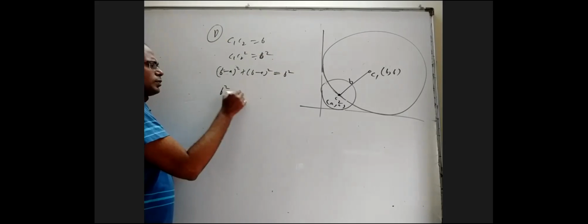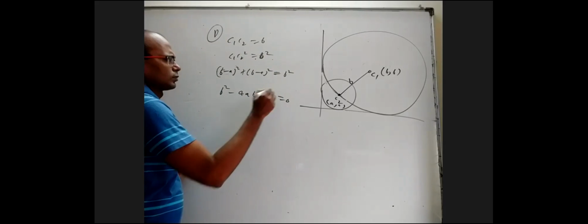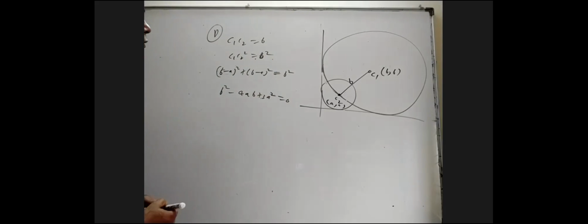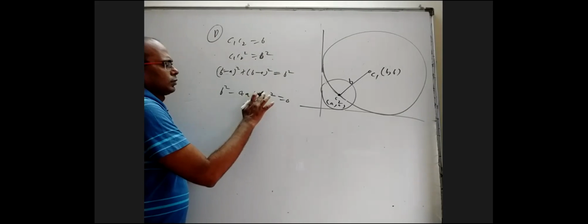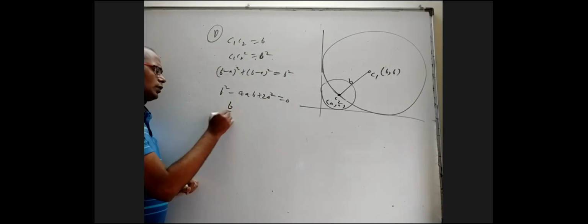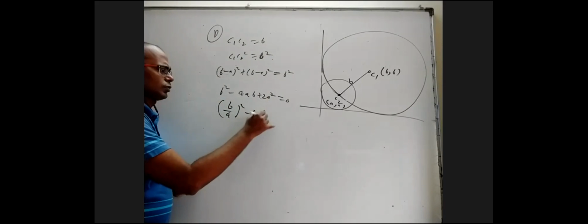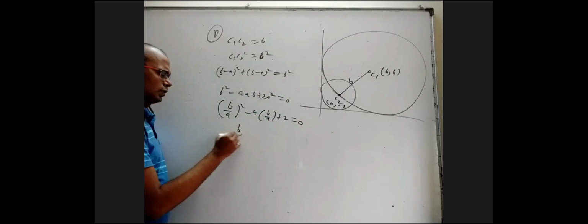And expand, look: B square minus 4AB plus 3A square equal to 0. Am I right? No, it's 2A square: B square minus 4AB plus 2A square. Again, B by A whole square minus 4 into B by A plus 2 equal to 0.